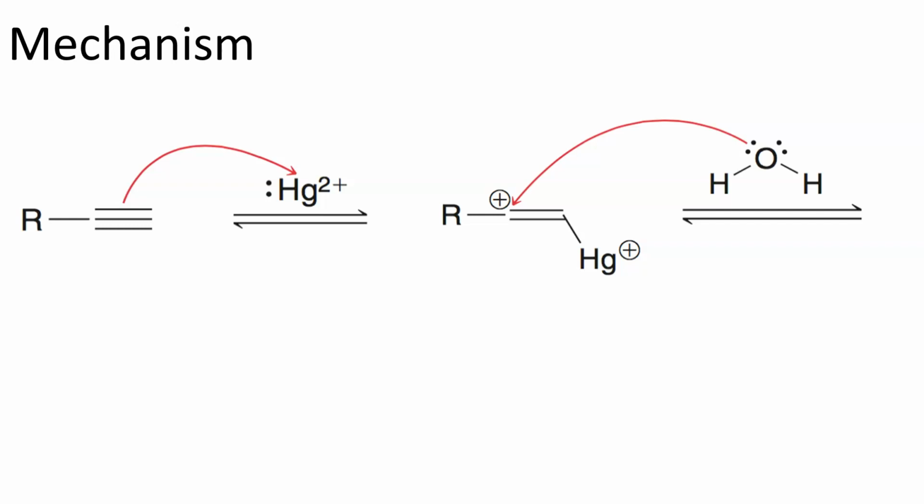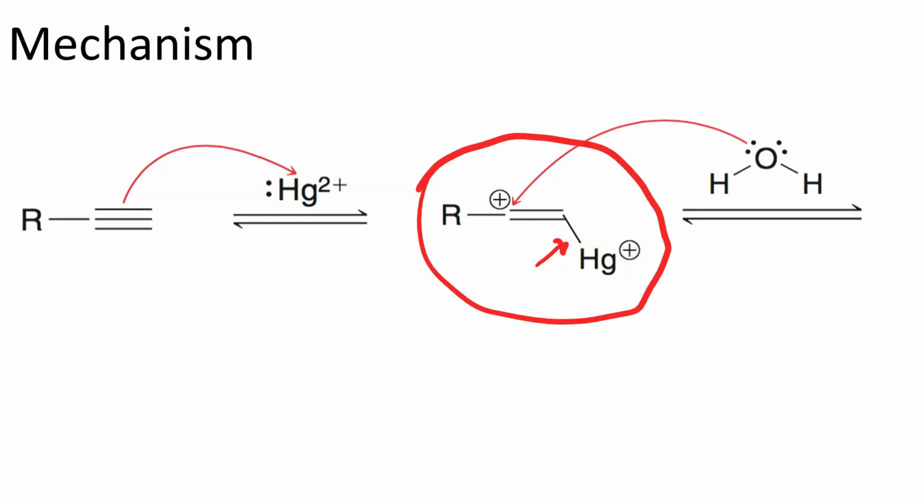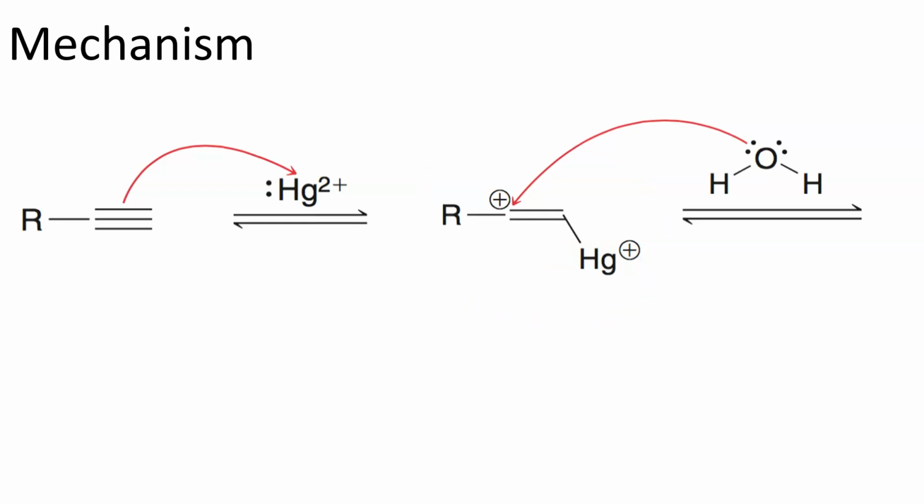We need to create a cation in a vinylic position, which is very unstable unless you have that mercury ion. So in the first step, our pi bond of our alkyne attacks the mercury to give this adduct with the vinylic cation.